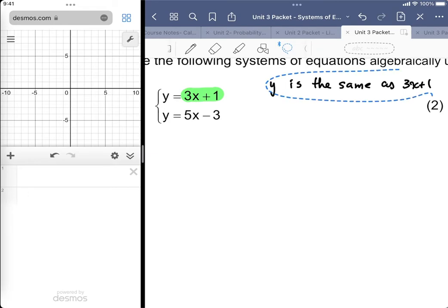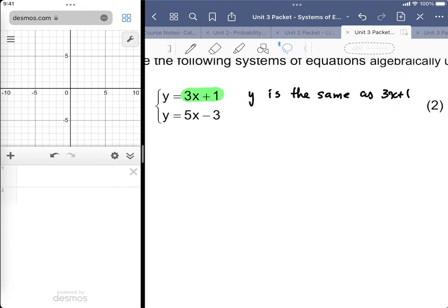It kind of feels like you're going the reverse of a word problem. Normally you're given a word problem and you want to convert it into equation form. Here we're thinking about it in word form, because when you think about it that way, y and 3x plus 1 are interchangeable.